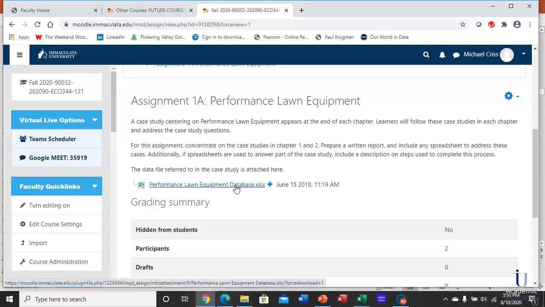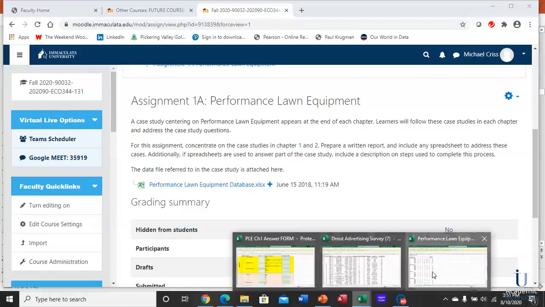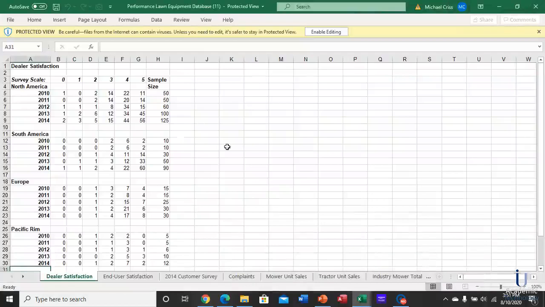This is an Excel file that has data for performance lawn equipment. And in that, it will also give you your instructions for what you are to do for assignment 1A for chapter 1. So like I said, it's basically taking a look at that data and then classifying whether it is ordinal, ratio, interval, or nominal data.